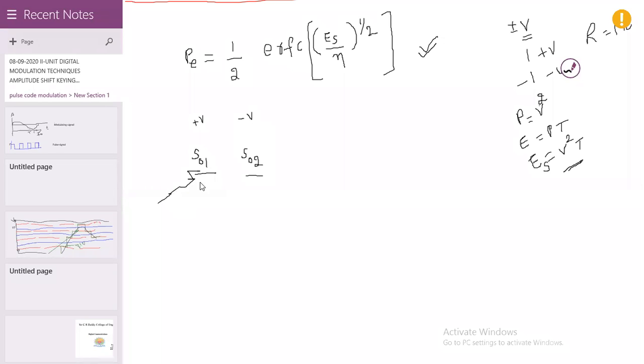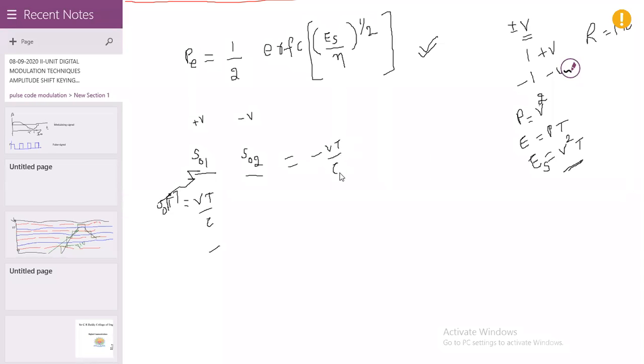At the output of the integrator, S naught 1 of t has magnitude Vt by tau, and S naught 2 of t is minus Vt by tau.